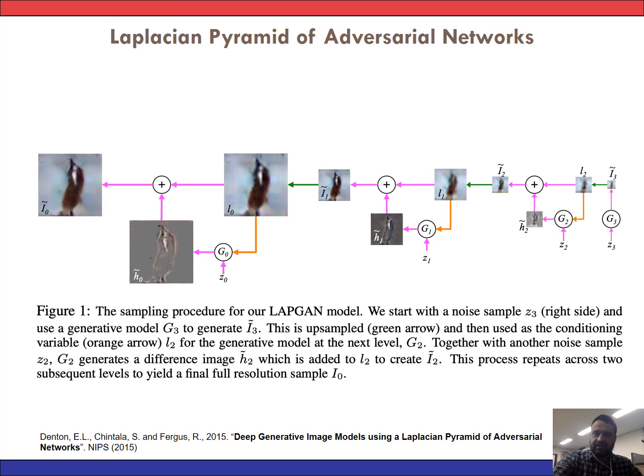Then we upsample it here and give it to G1 along with the input Z1, which gives H1 tilde. We then add this with the previous L1, and when we add them it gives I1, and then we upsample it again and give it to G0, and similarly this is the final image with high resolution.